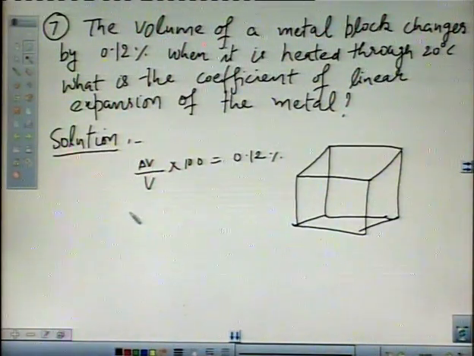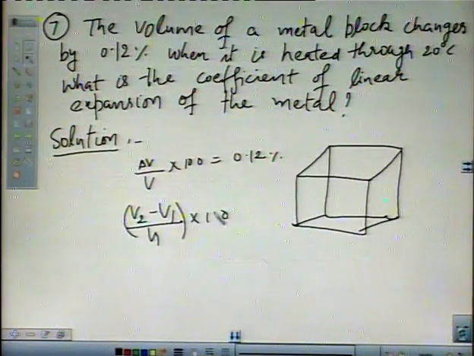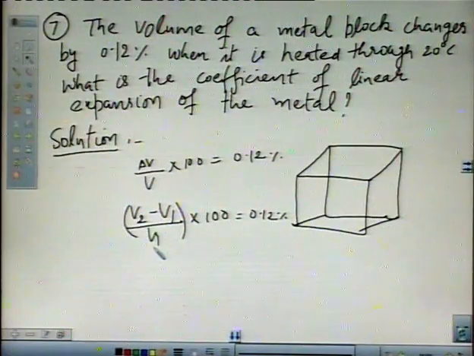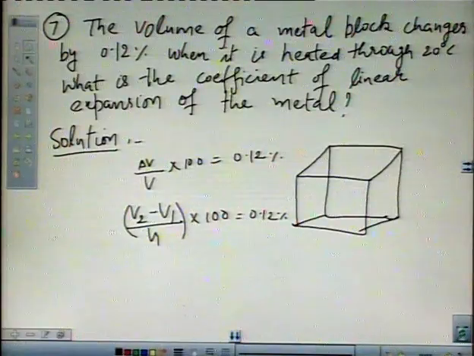We can also write it as V2 minus V1 upon V1 into 100. This is a percentage change in volume. V1 is the original volume of the metal block and V2 is the final volume.